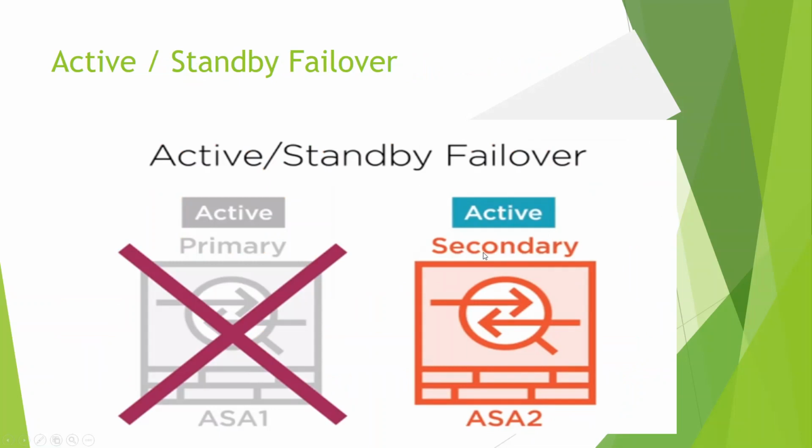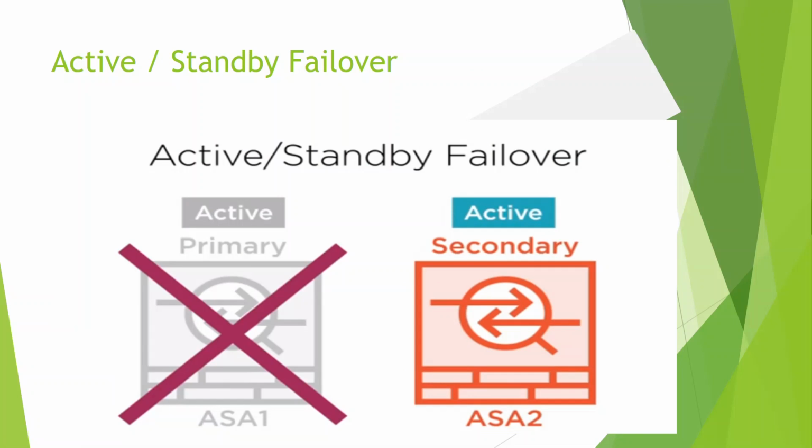So if ASA1 were to fail, then the secondary device would transition to the active state and would now start forwarding traffic for the network. Again, the configuration matches, and so you have maintained all your NAT and access control on the secondary device as well.